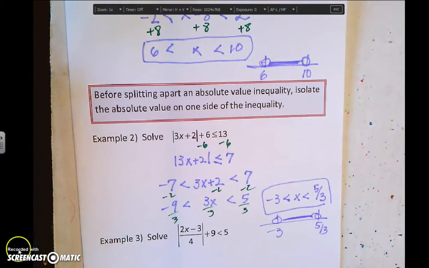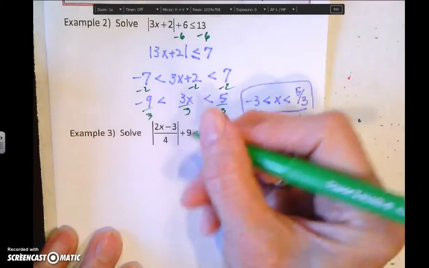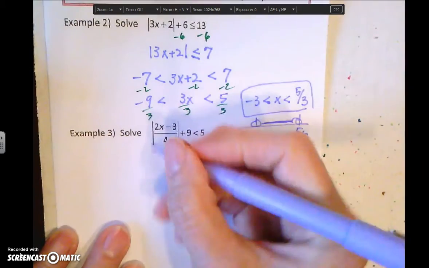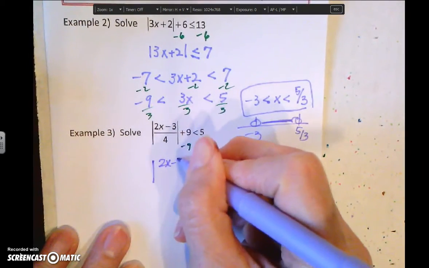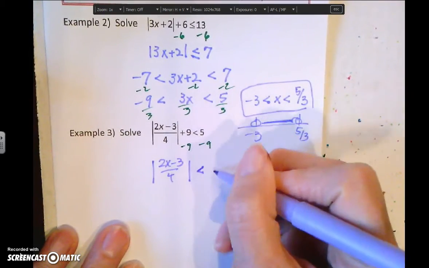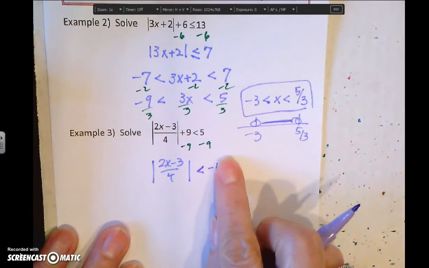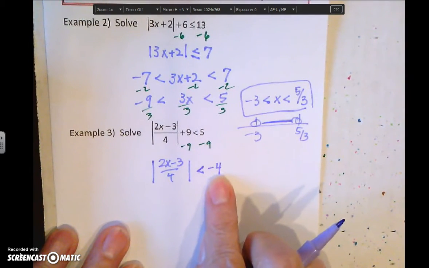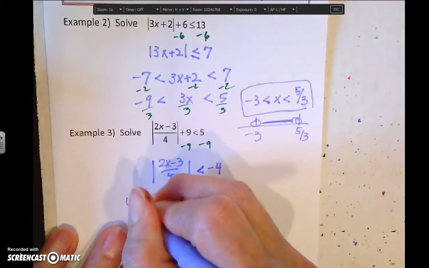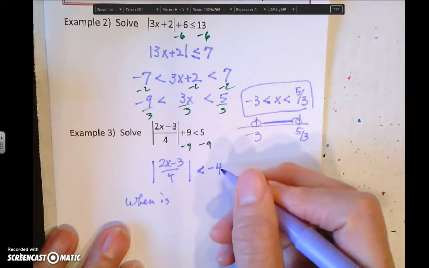So again, here in example 3, we're going to isolate. So I'm going to subtract 9 from both sides, and I'll be left with the absolute value of 2x minus 3 over 4 is less than 5 minus 9, which is negative 4. Now this is a special case because here my a is negative, it's not positive. So we need to think, when is the distance less than a negative?